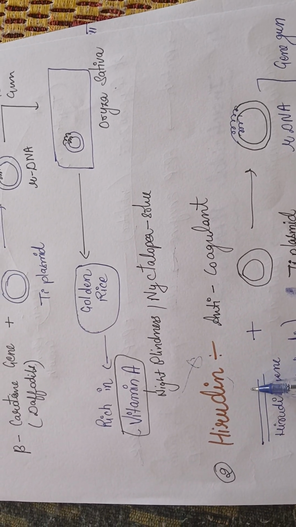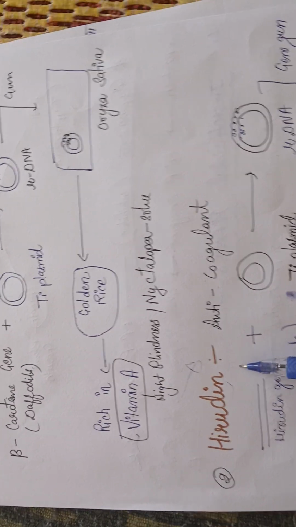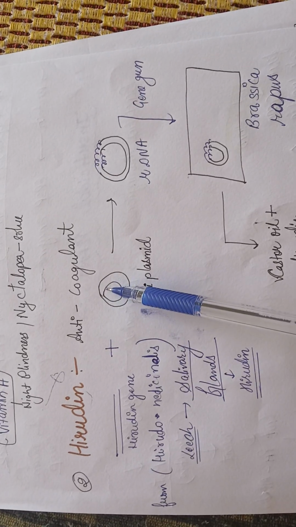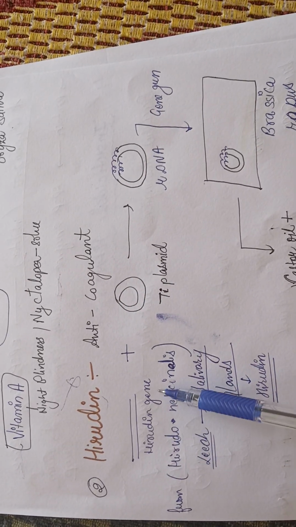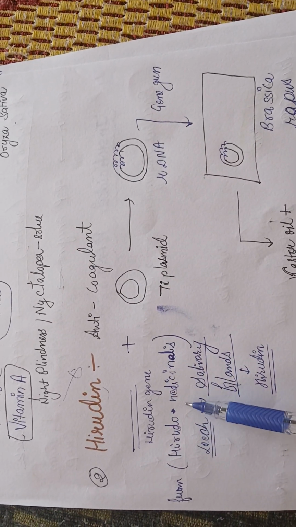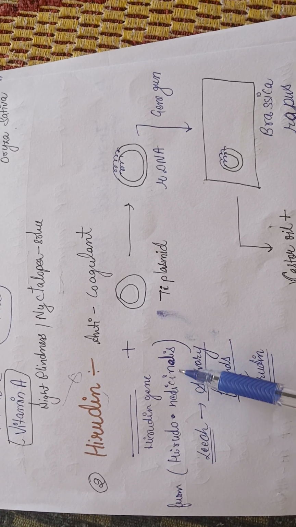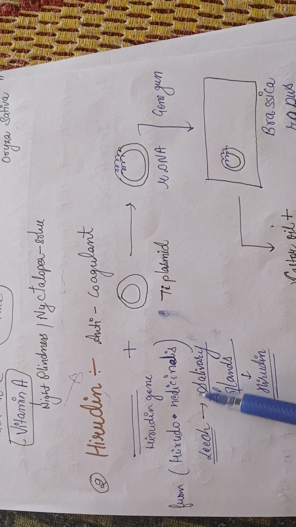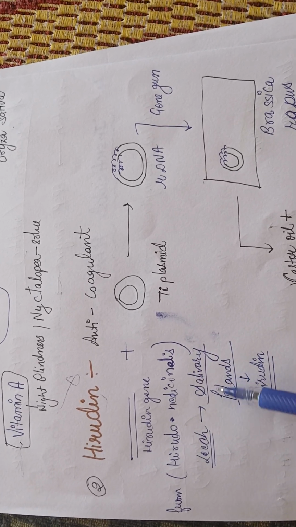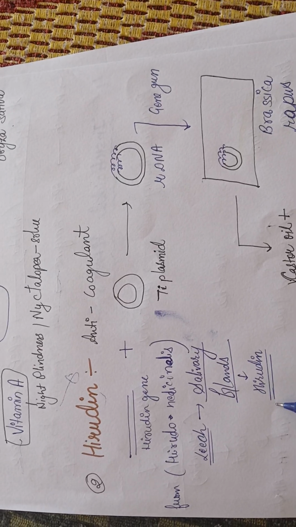Second, an application in biotechnology is hirudin, which is an anticoagulant in nature. We take the hirudin gene from Hirudo medicinalis, which is basically the leech. In the leech salivary gland there is hirudin.